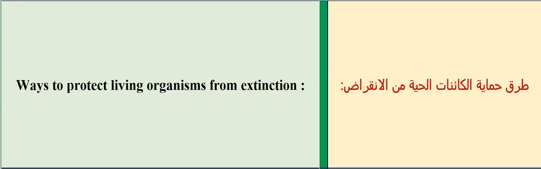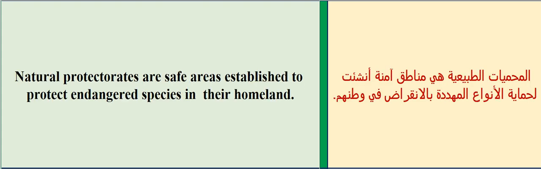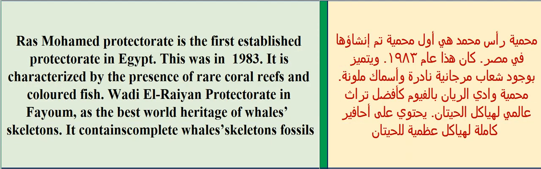Ways to protect living organisms from extinction. Natural protectorates are safe areas established to protect endangered species in their homeland. Ras Mohammed Protectorate is the first established protectorate in Egypt.